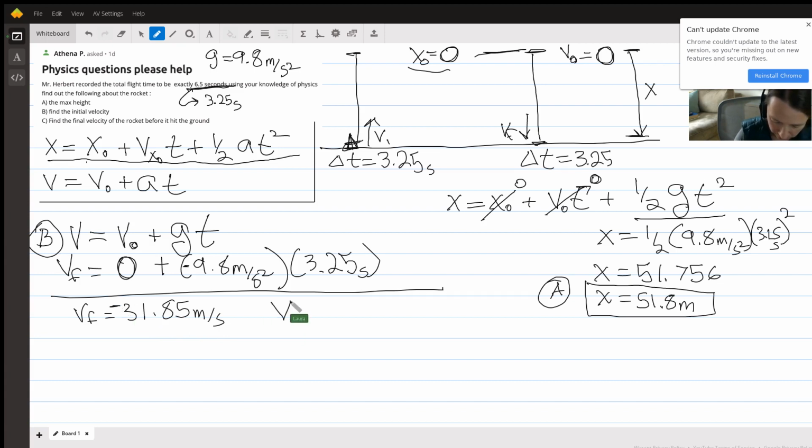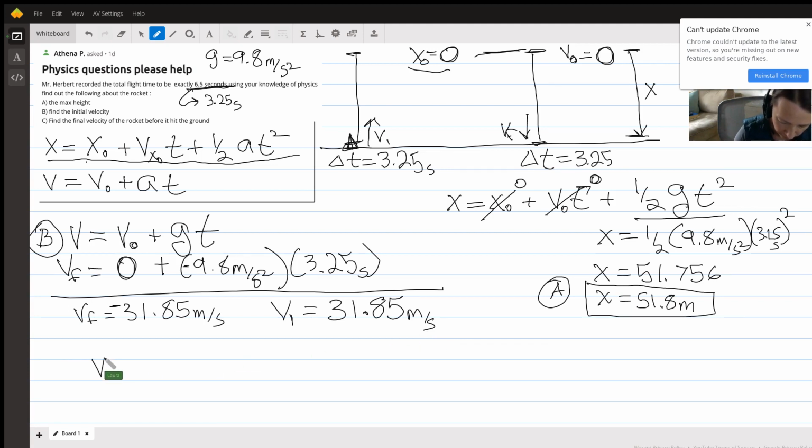And our V initial going up is exactly the same thing, but in the positive direction, and also meters per second. Let's see, since we were rounding off at 9.8 for our acceleration, let's go ahead and round off correctly.